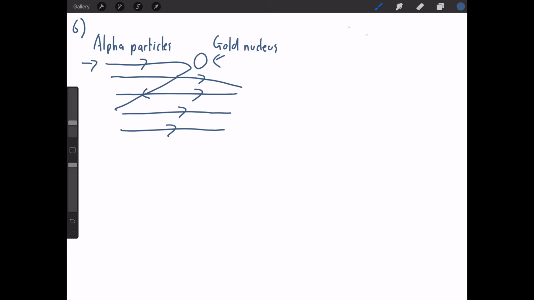So the first conclusion you can make is most alpha particles actually pass straight through. And they're not really scattered by very big angles. So what does that tell us? Well, if they're passing straight through, like this fella for example, then it must be mostly empty space.